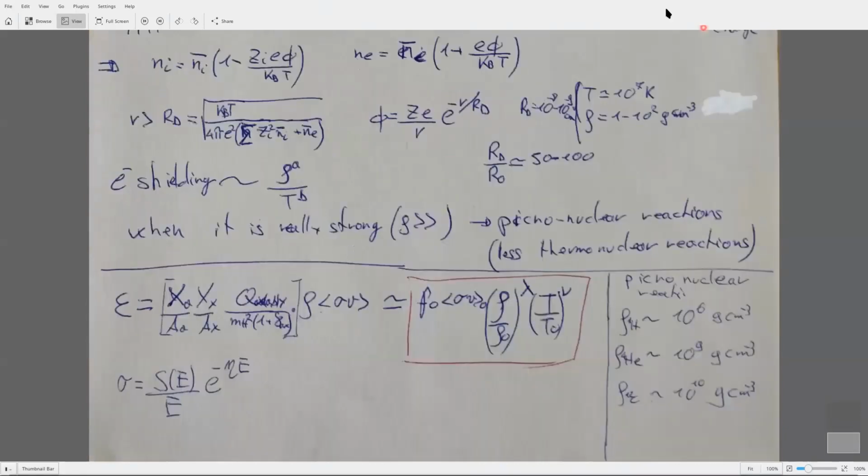Okay, to finish. We can see at the end the nuclear production, energy produced per unit of mass and unit of time. It's this value. We introduce all the terms.